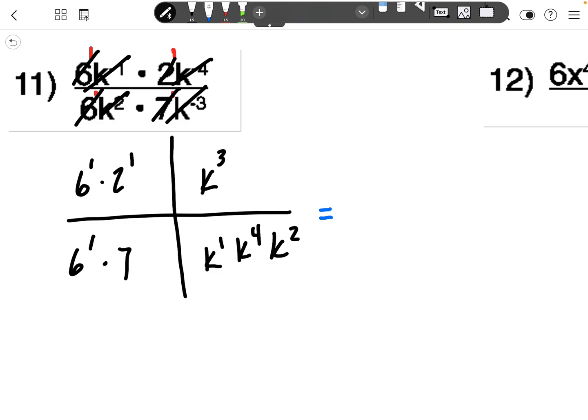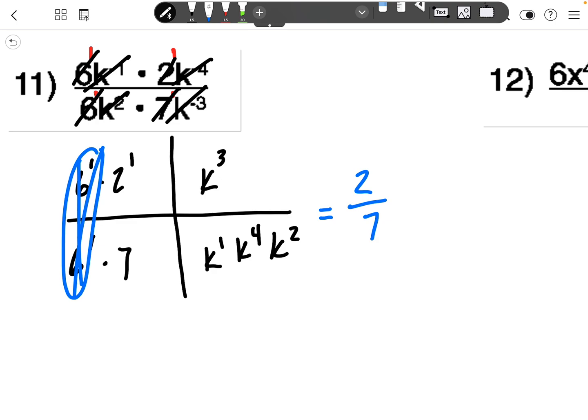All right, so really I can do K to the first power over K to the first power right here. 1 minus 1 is 0, so I have 6 to the first power over 6 to the first power. Those cancel, so I have 2 over 7. And I can't do anything with 2 over 7, it doesn't simplify at all, so I'm going to leave it.